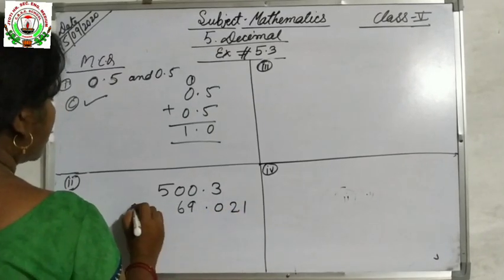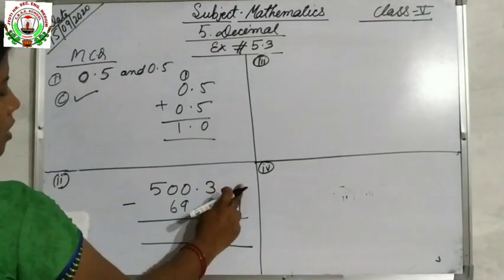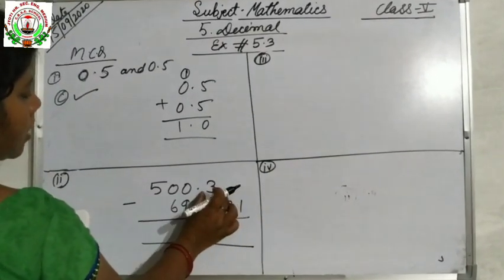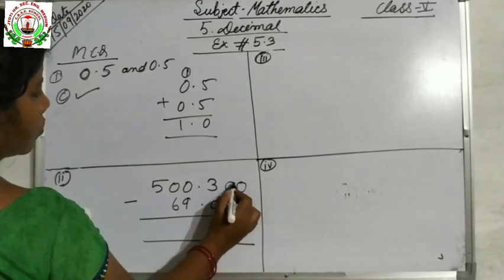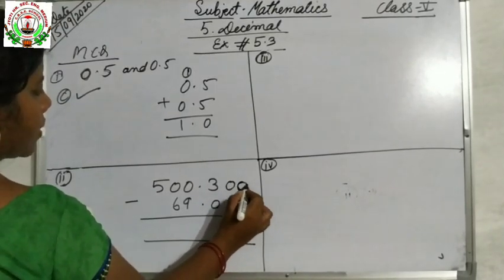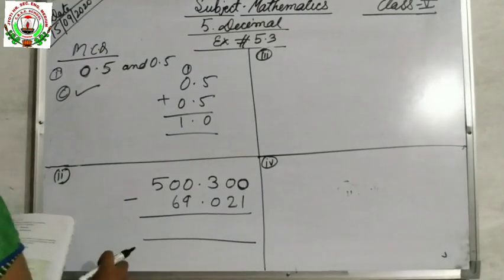Look here, it is different, so we will put a minus sign. Here we will see the number is not only one digit, here 3 digits are given. So first we will fill the vacant place. So we will put 0 and we will fill the vacant place. In addition also, in subtraction also, the same thing you will do.